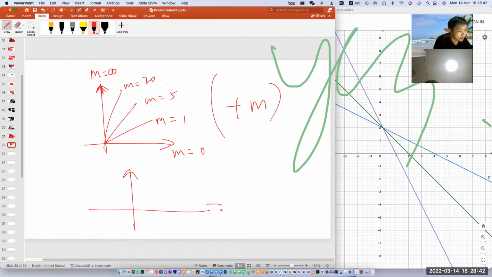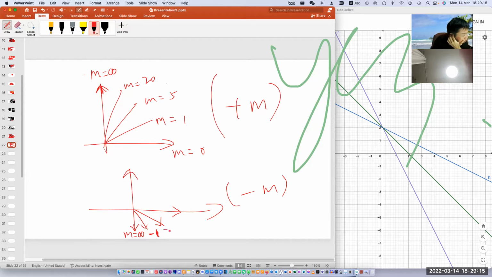Of course, we are talking about positive gradient here. Then we talk about the negative gradient. Negative gradient means you have this. So this one is gradient equals infinity, in the negative sense. This one is more negative. Let's say negative 1, then this one should be more.